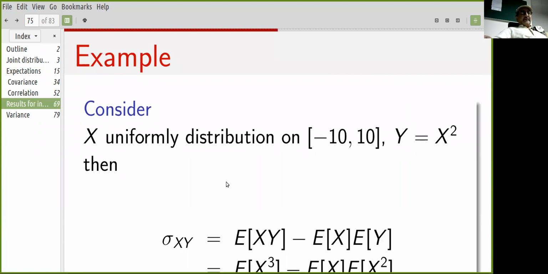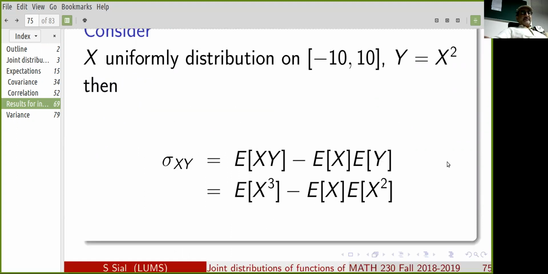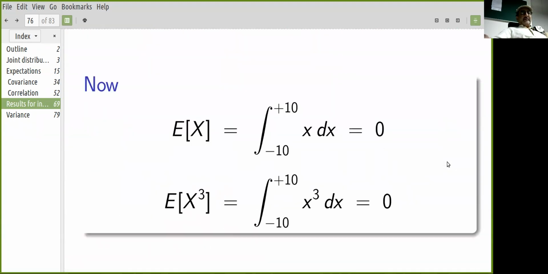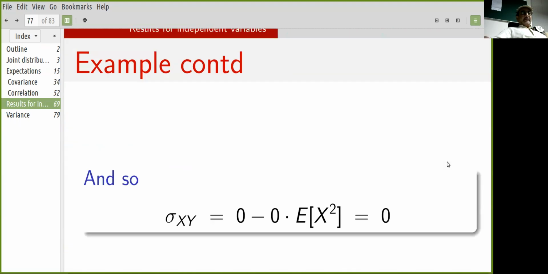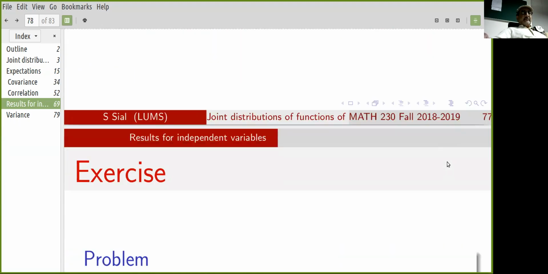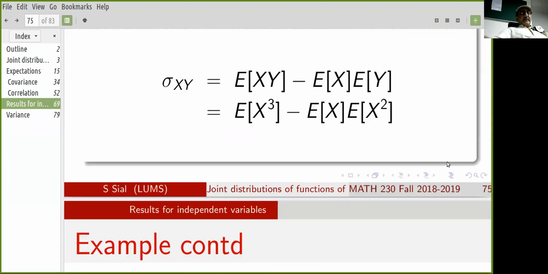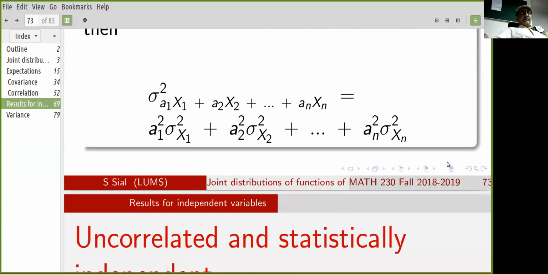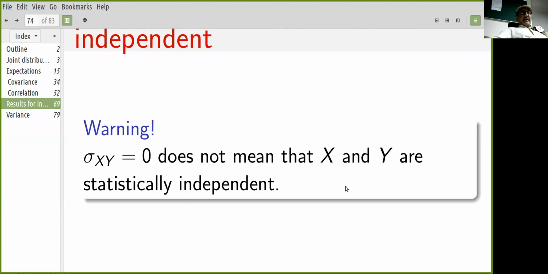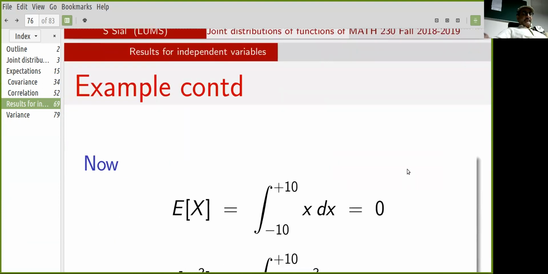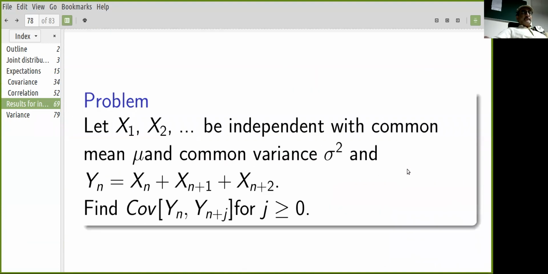If I had x uniform on -10 to 10 and y equals x squared, you can do the exercise and you can see that the covariance is 0, but x and y are not statistically independent. So you can have covariance of 0 without x and y being statistically independent.